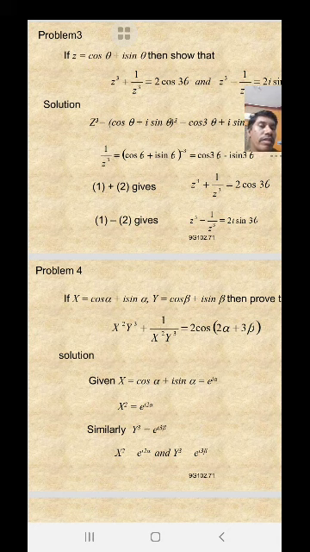Very simple. To show, first we have to observe what is in the LHS, how the terms are there. If we know those terms, we can easily get the RHS.